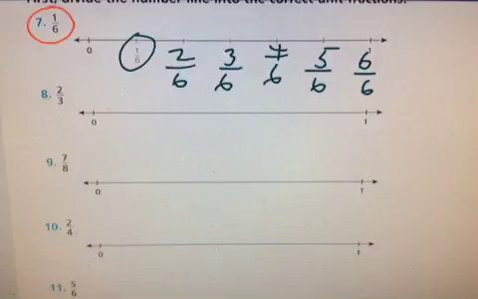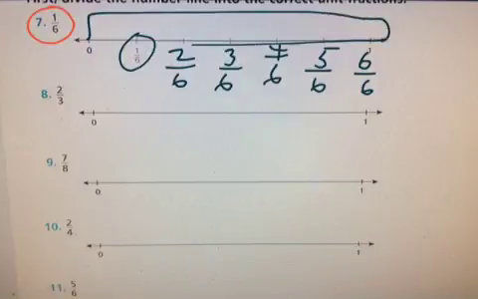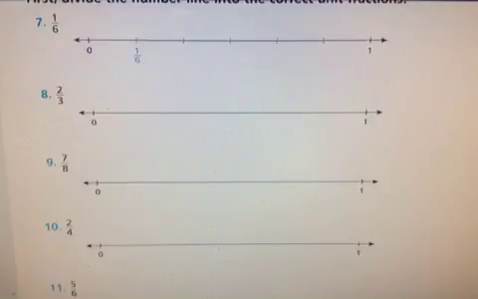Alright, and like I said, it's not a whole lot different than a fraction bar. If this was the fraction bar, it would be split right here, and we'd have our 1, 2, 3, 4, 5, 6 spots, and we would do it the same, but this is a number line. And so if we go to number 2, we see 2/3.